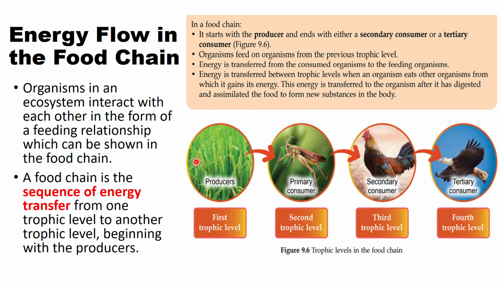Dia bergerak, beralih. Pemindahan tenaga berlaku. So energy is transferred between trophic levels when an organism eats other organisms from which it gains its energy. And this energy is transferred to one organism after it has digested and assimilated the food to form new substances in the body.